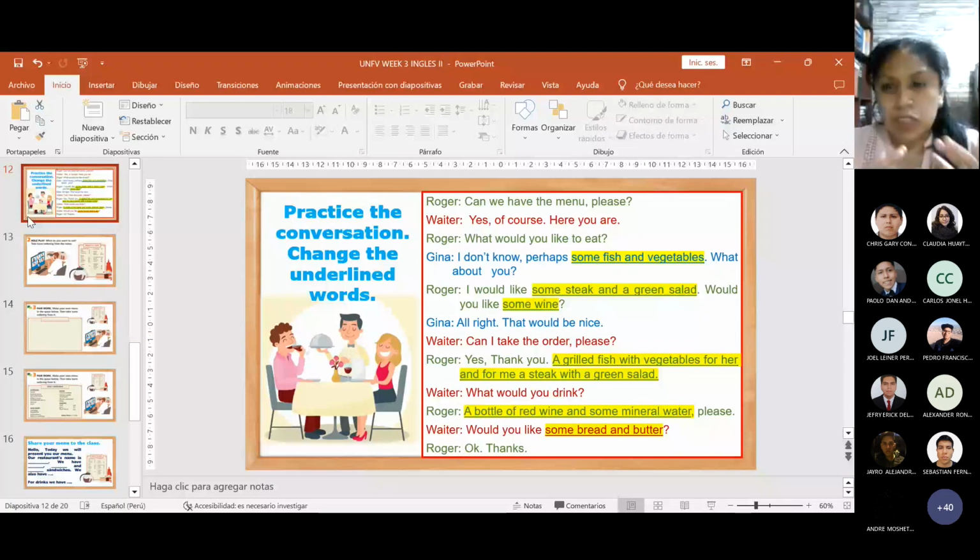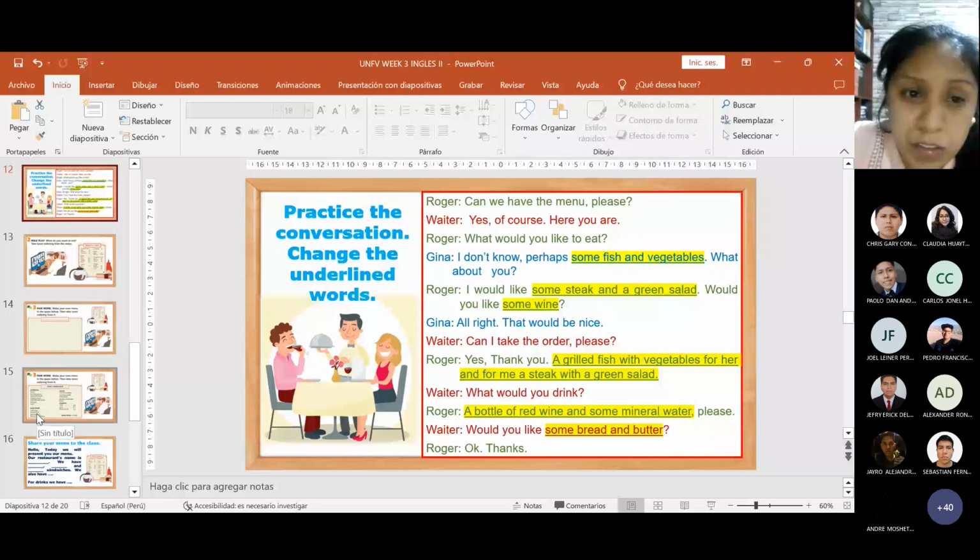Yo les voy a dar unos 15 minutos para poder armarlo, para poder tener la conversación. Y esa conversación la vamos a presentar. Les voy a dejar una carpetita creada para que ustedes puedan subir sus conversaciones. ¿Les parece bien? Do you agree with this?